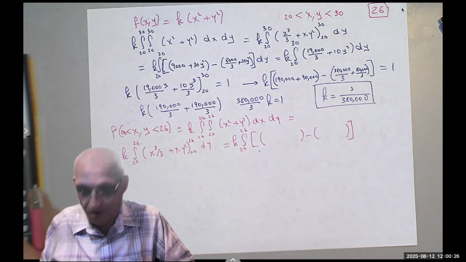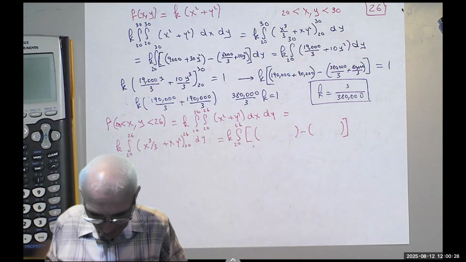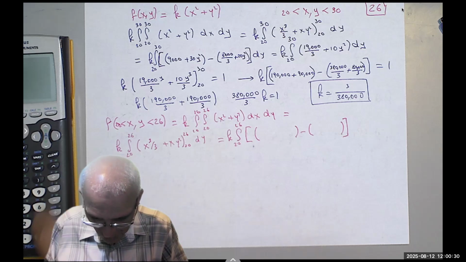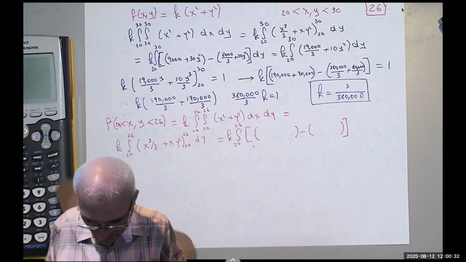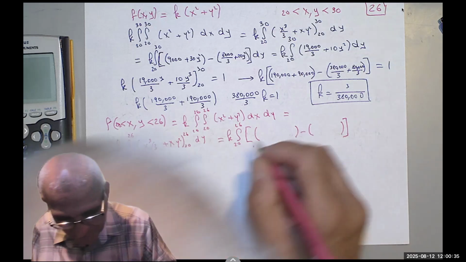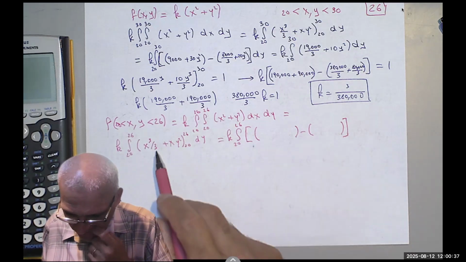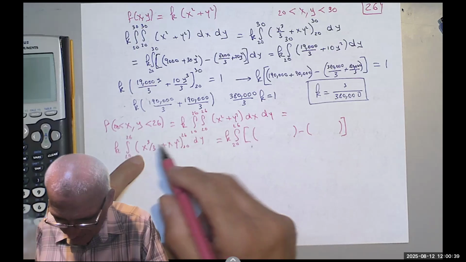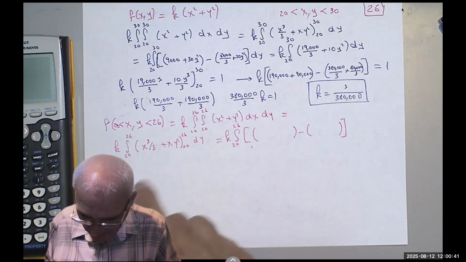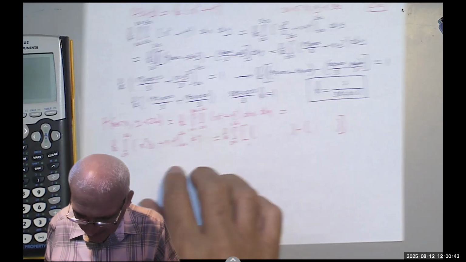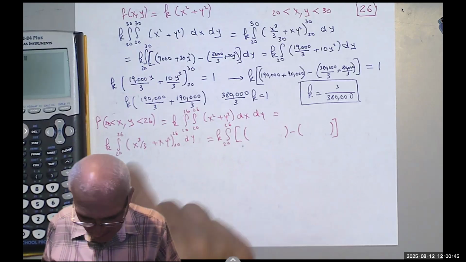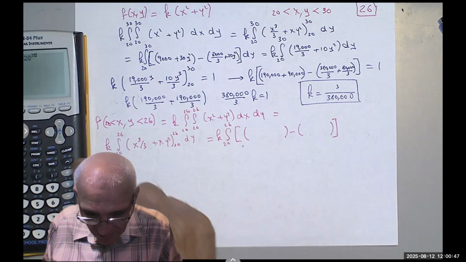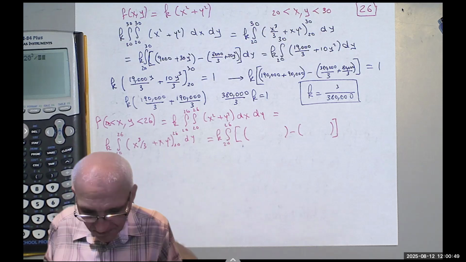Okay, so I get 26 cubed over 3, I'm not going to write that out. And then when I subtract, I subtract 20 cubed over 3.